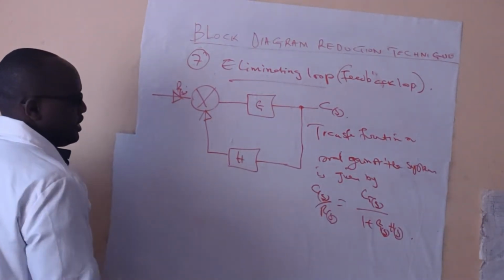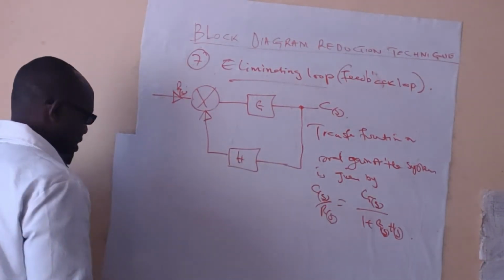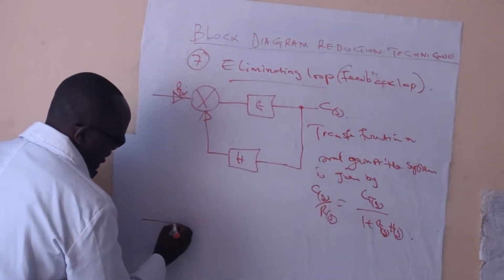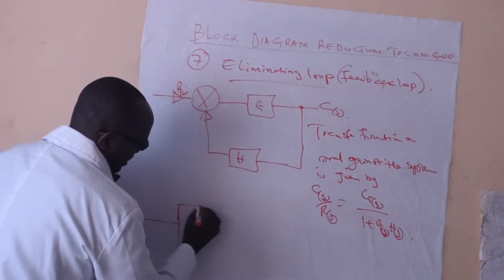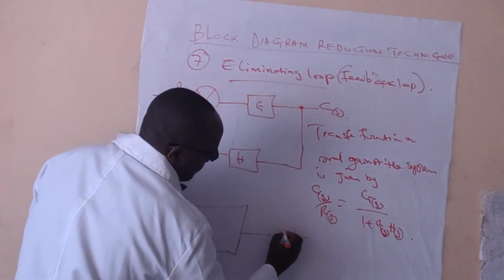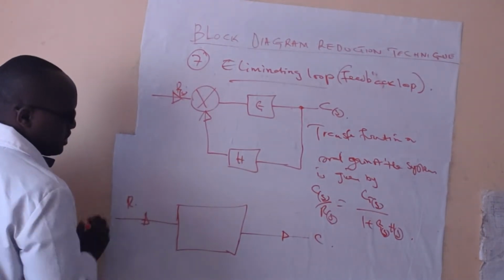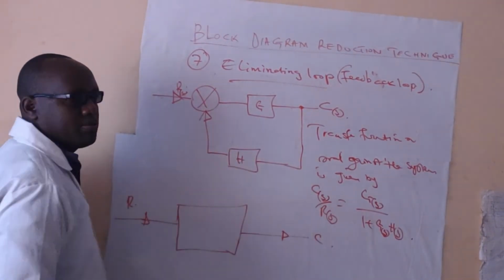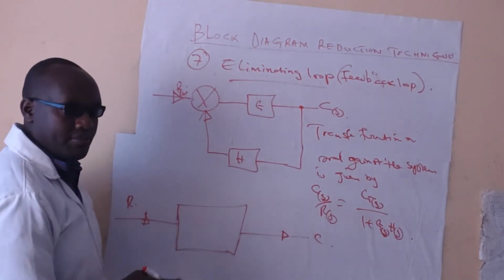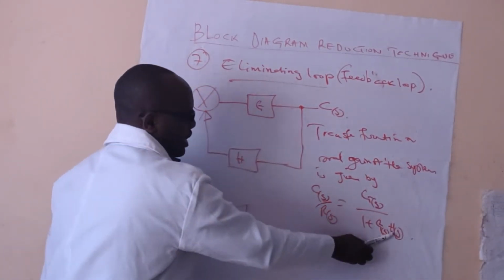So using the formula, we shall have a block diagram like this. This is the input. If it is a closed loop system having that feedback, then what we want to do is use this formula.